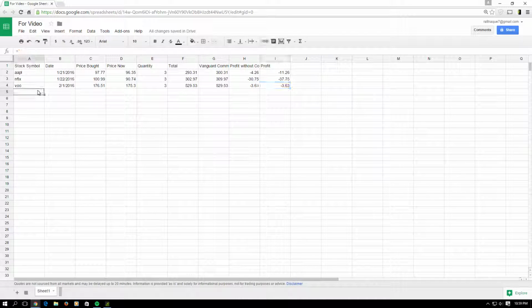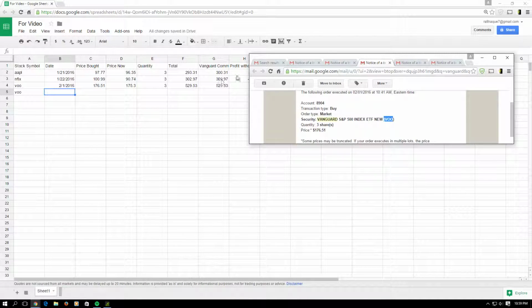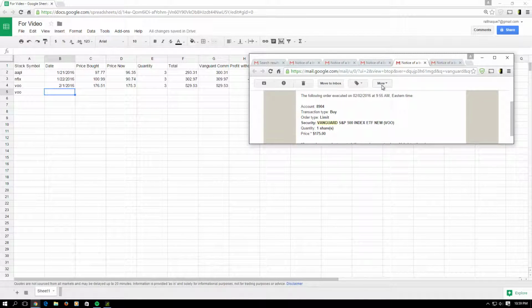We also bought another Vanguard S&P 500 ETF, which is right here, for $175. This was a limit purchase. What limit purchase basically means is whenever it hits that price that I set, it will automatically buy it without me being physically behind a computer.